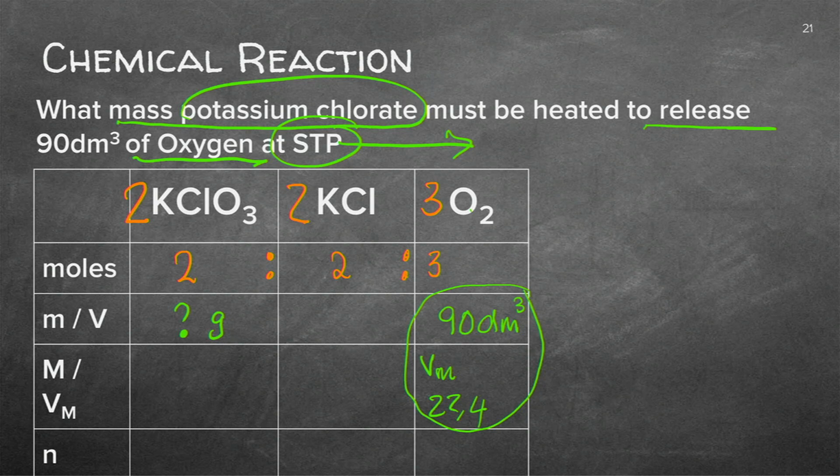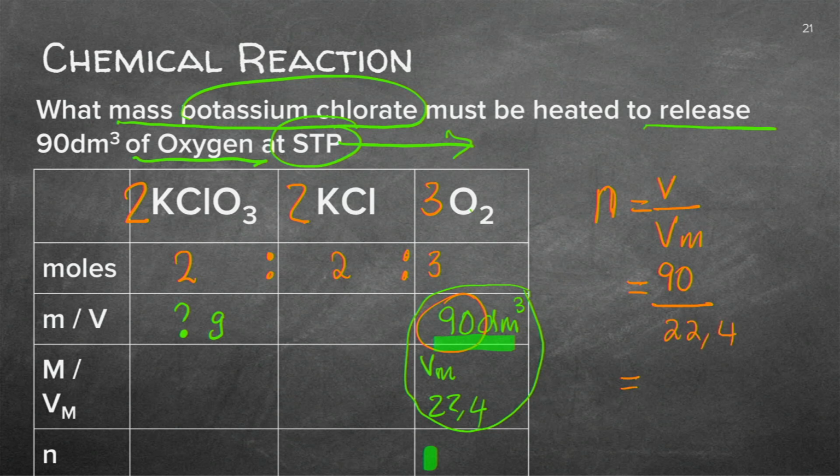Now let's do the calculation of how many moles actually were in this 90 cubic decimeters. So I'm going to take my equation. n is equal to V over Vm, which is the 90, because that's what they gave me, and the 22.4.